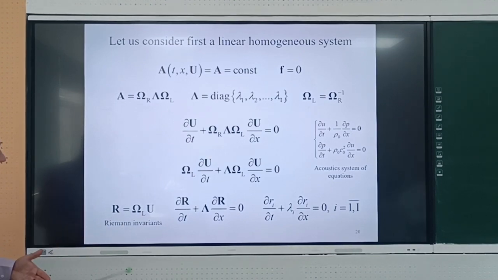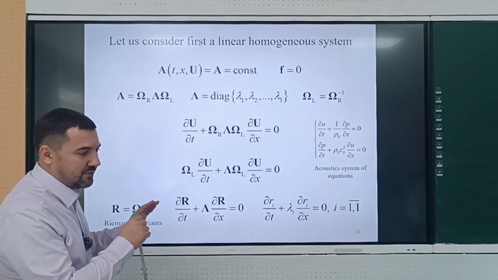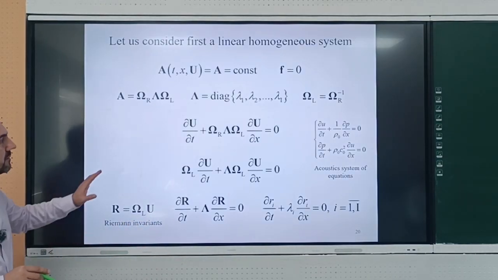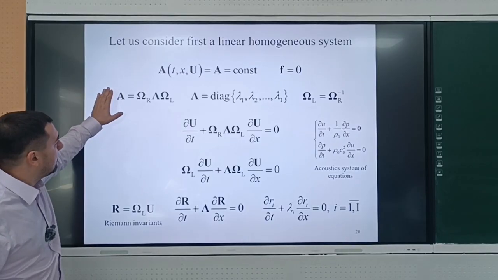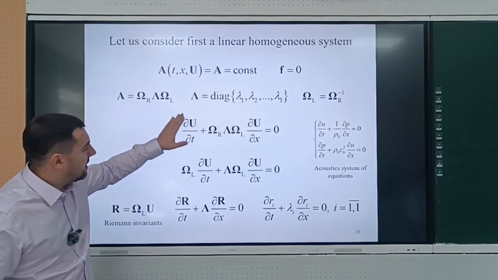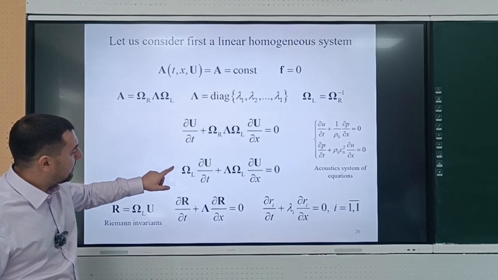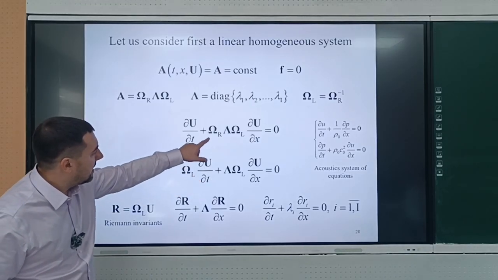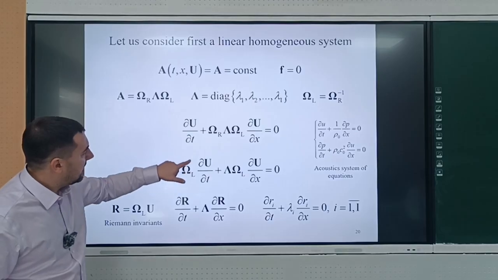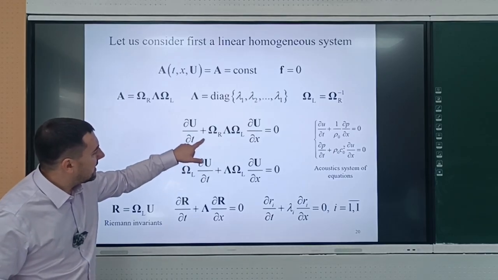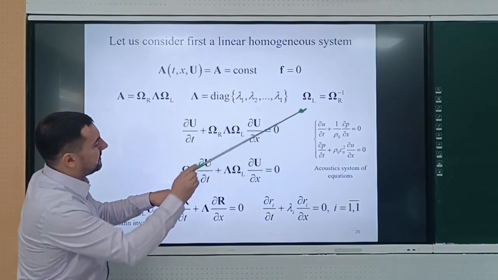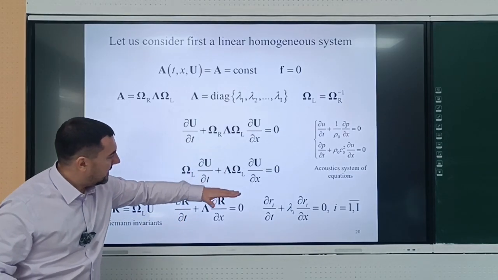Okay, so I explained just the common general approach to dealing with hyperbolic systems. We have this representation of A, put it here, and then we multiply this equation from the left by omega l, using the fact that omega l times omega r equals the identity matrix because of the connection we have here.